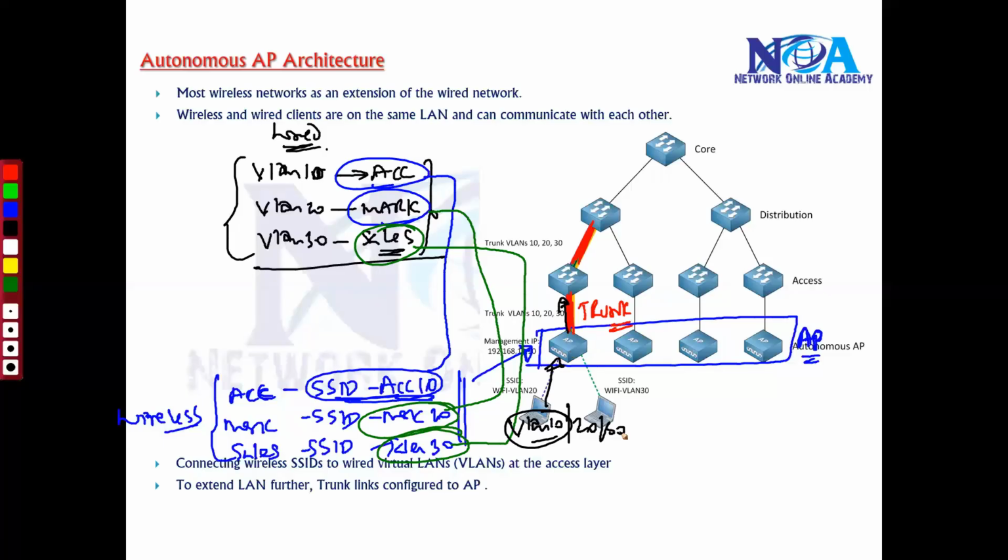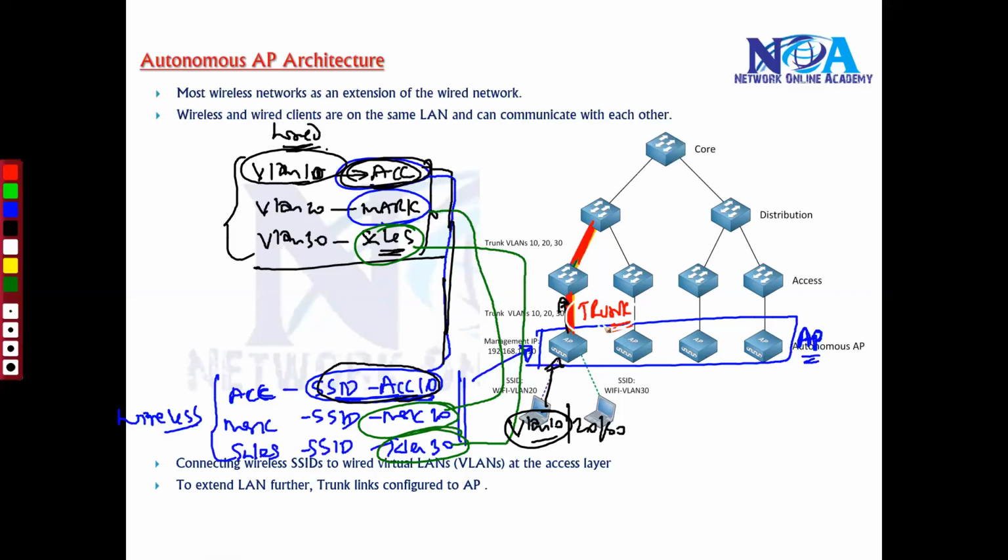So in terms of wireless architecture, these VLANs will be identified with individual SSIDs, and these individual SSIDs are mapped to specific VLANs to ensure that any user connecting to this SSID can still access the resources of the same department, even though he is going over the wide infrastructure.